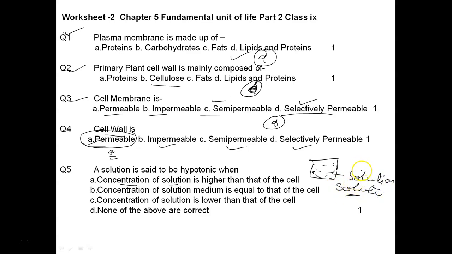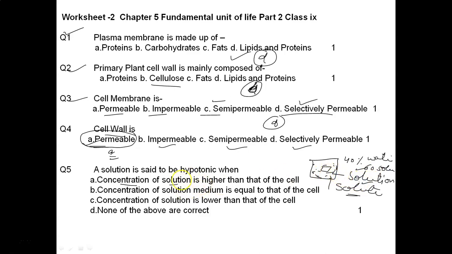So a more concentrated solution means more solute is added. So the concentration of solution is higher than that of the cell. What does it mean? A cell is there. The concentration of solution may be here 40% water, then 60% solute, and then the solution concentration will be higher.